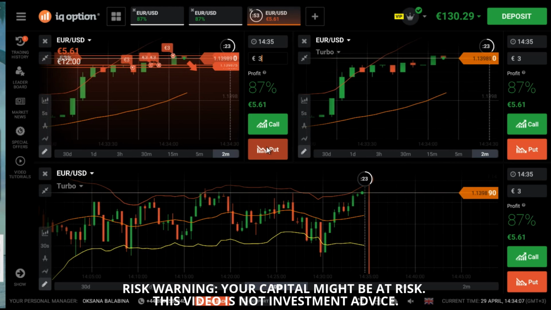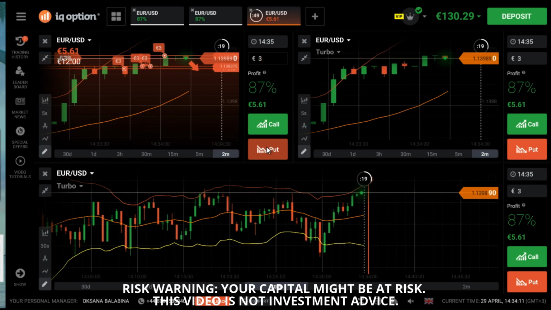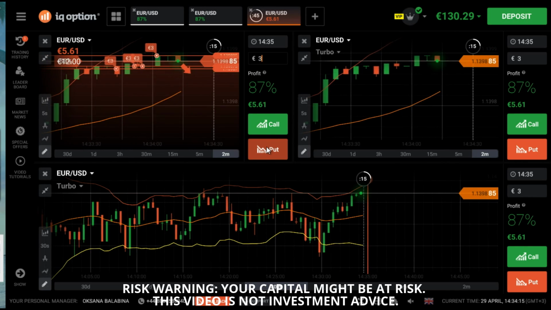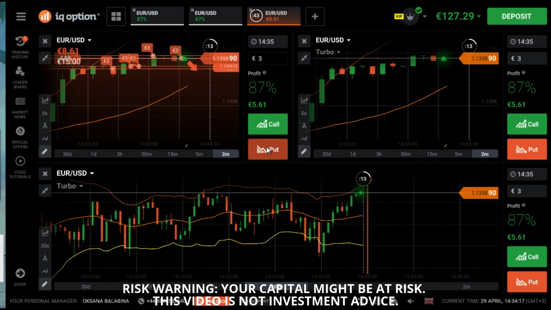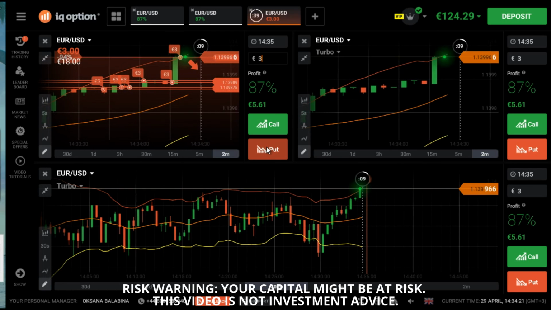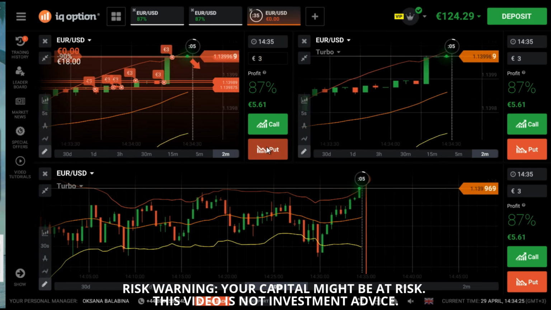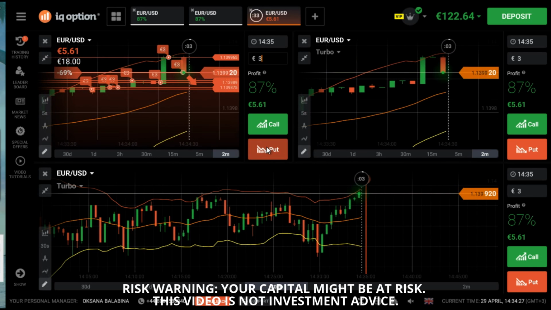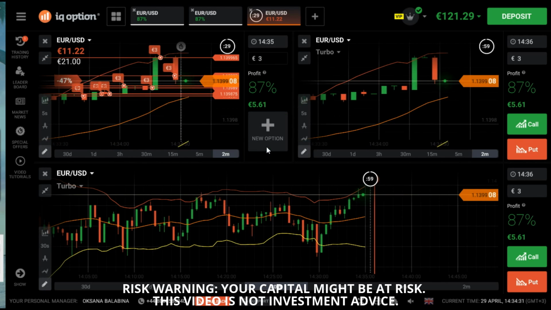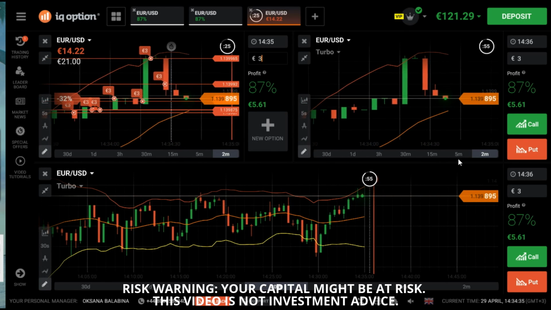Green's growing a little bit, but it's a pretty small candle, so I think it will reverse. I don't know if it's gonna be successful during the first option. Now we got the big green, so I'm gonna follow it up on the second window here, or maybe not necessary.